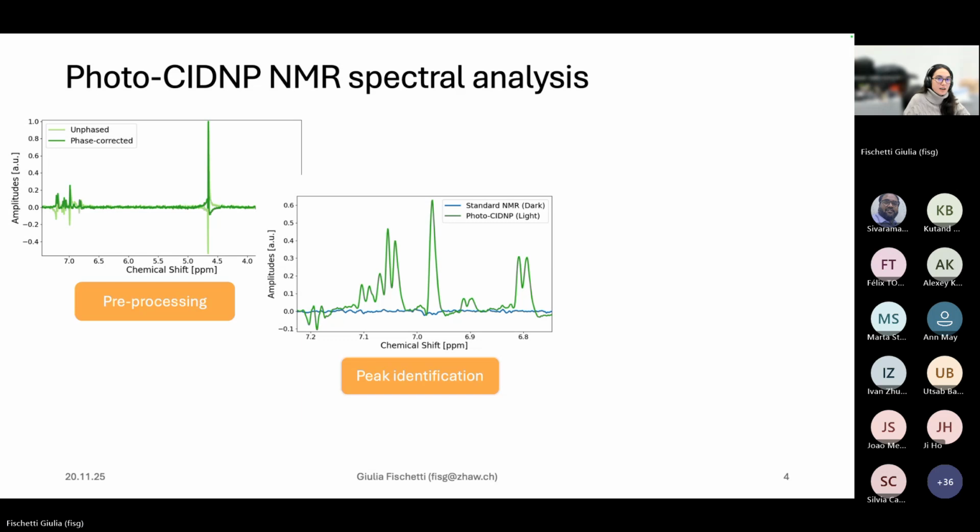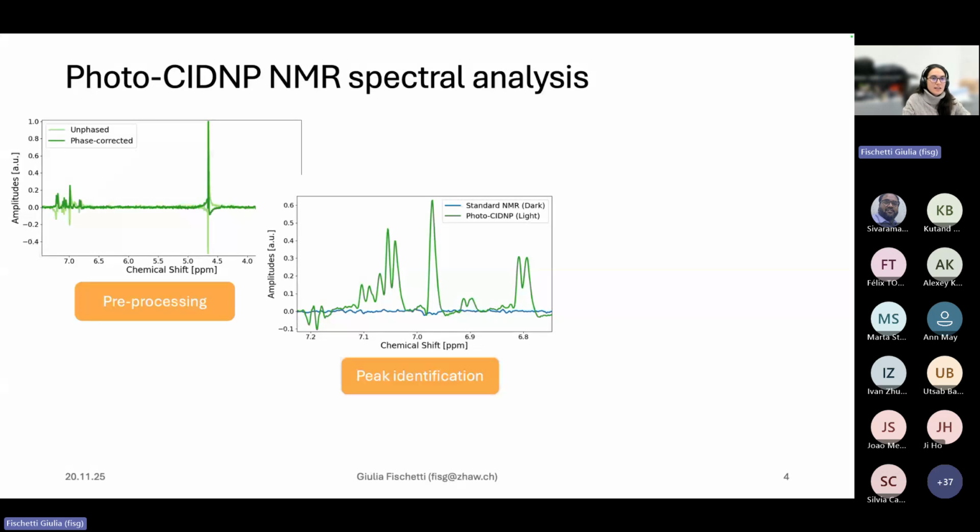Then, after the preprocessing, one needs to identify which signals are hyperpolarized, and this can be done by comparing the standard NMR spectrum, which I will sometimes call the dark spectrum, and the Photo-CIDNP NMR spectrum, which I will also call the light spectrum.